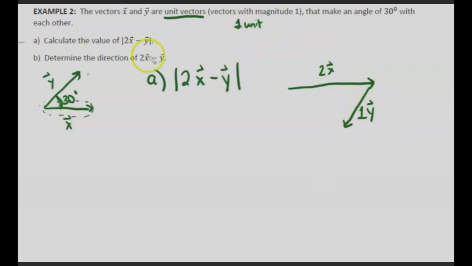Our actual resultant is going to be from the start to the end, tail to tip. We always call this the resultant vector, which we often denote by R. If we think about the angle between 2x and 1y, in the original they were at 30 degrees to each other.